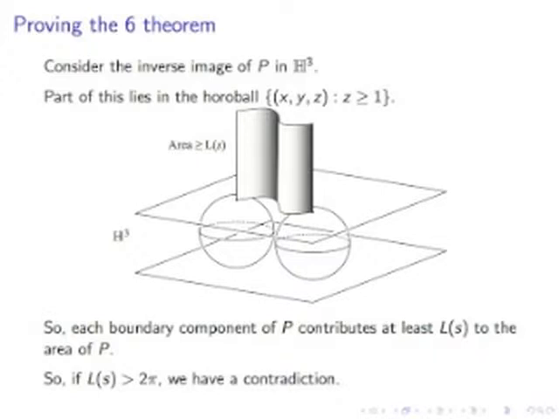And so the idea is, think of this as a lift of our slope S cross I, cross a half open interval. It turns out that the area in there of that bit of surface is at least the slope length. It's not so surprising. And so that means that each boundary component of our planar surface contributes at least the slope length of S to the area of P. So if the slope length is more than 2 pi, we've got a contradiction.